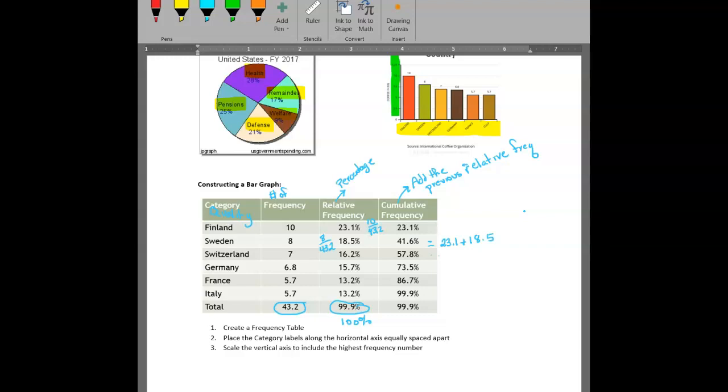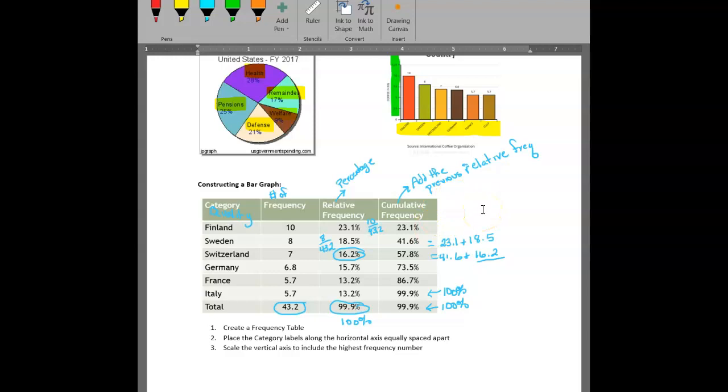And then 41.6 plus 16.2. So notice that 16.2 is this 16.2, and so on and so forth. This should be 100% again. So actually these two will be 100%. Again, because we're rounding to one decimal place, we're going to be slightly off simply because of our rounding error, which we talked about earlier.